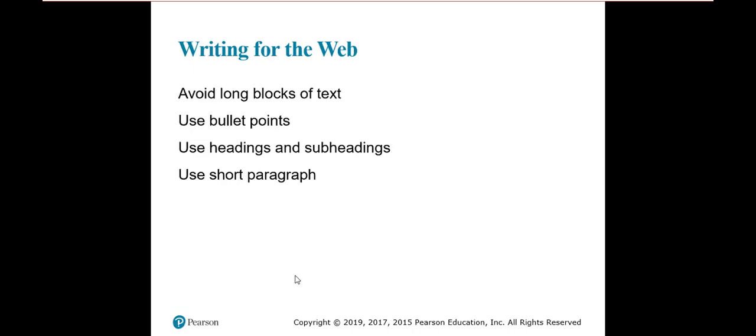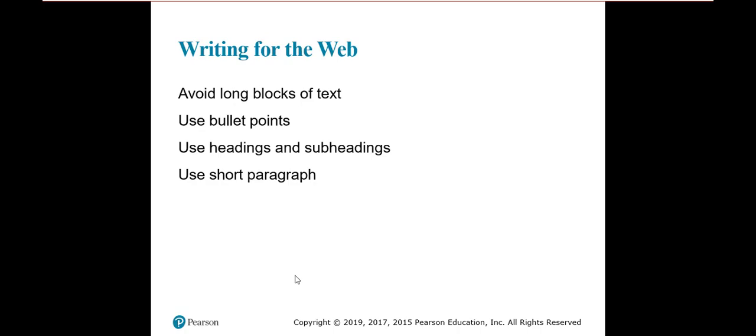Now when you're writing for the web, you have to avoid long blocks of text. Do not write long blocks of text. Just separate them or divide them into paragraphs, headings and subheadings, right? If you have to list some points, you should use bullet points.